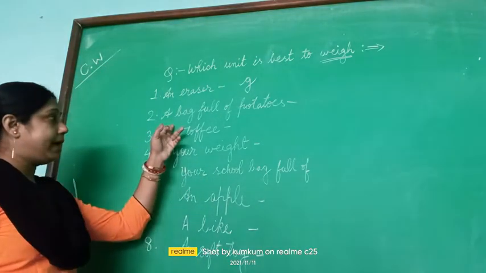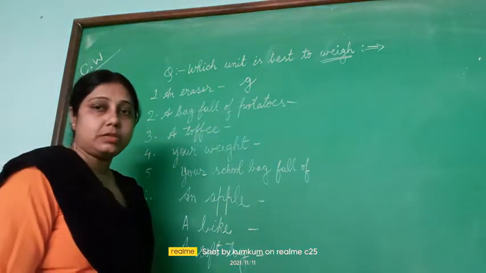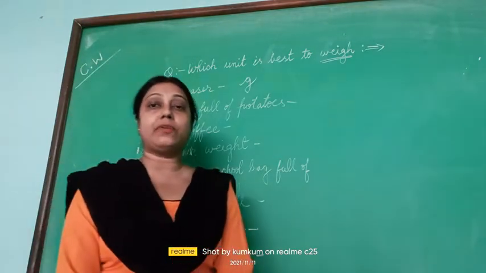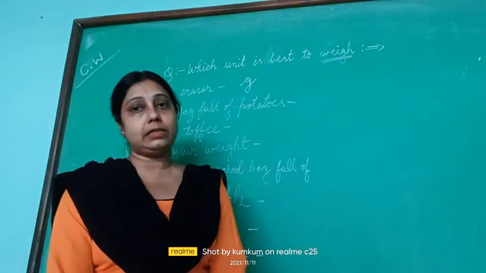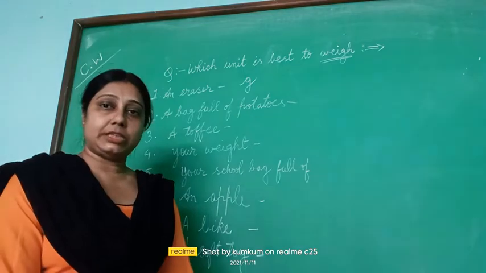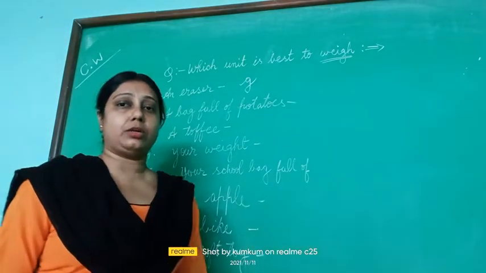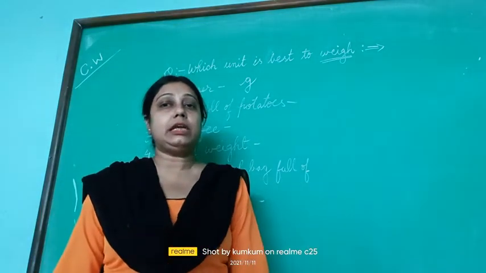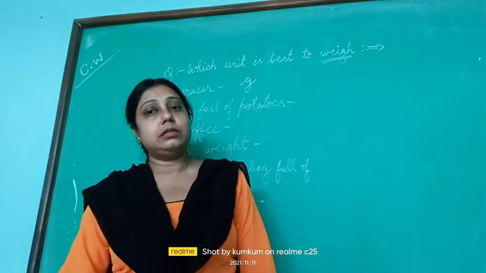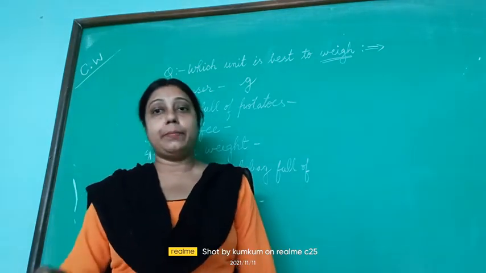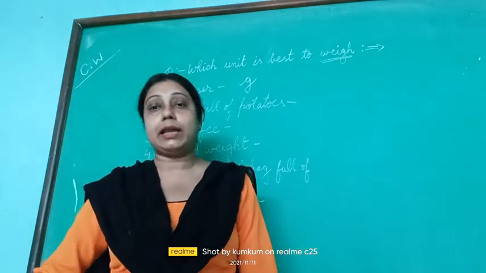Now, a bag full of potatoes. Suppose your father has gone to the market and purchased a bag full of potatoes. When he comes, you will see he is tilting because the bag is heavier and he has to carry it.